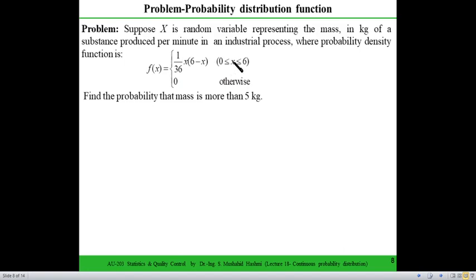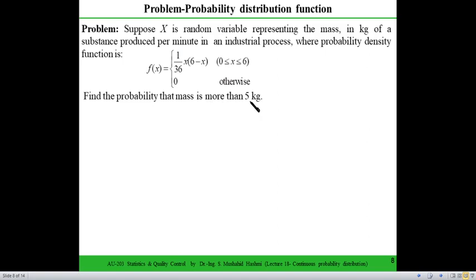For example, if x is equal to 0, then f of x comes out to be 0, or if x is 6, then it's also 0. But if it is anything greater than 0 and less than 6, the corresponding probability can be worked out from this expression. So the task is to find the probability that the mass is more than 5 kilograms.